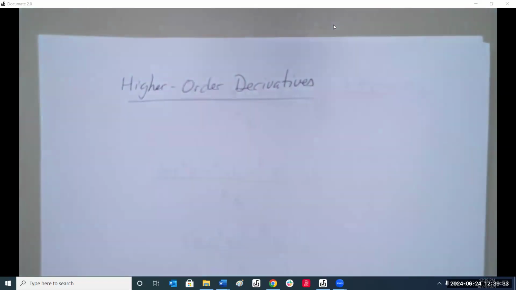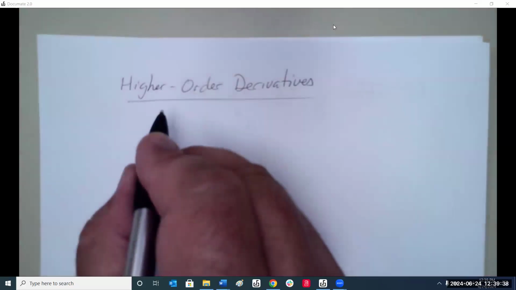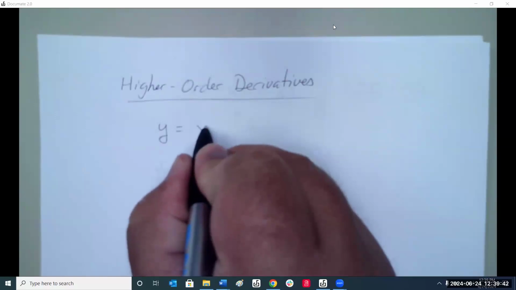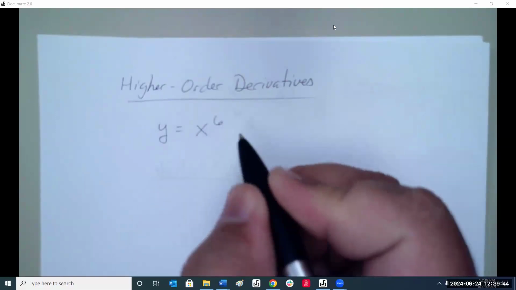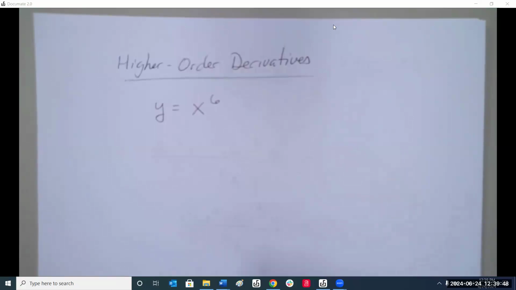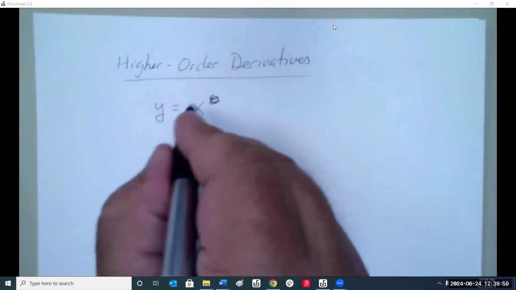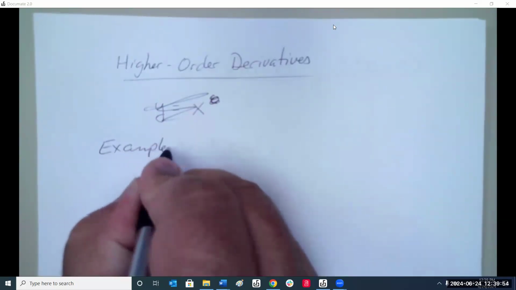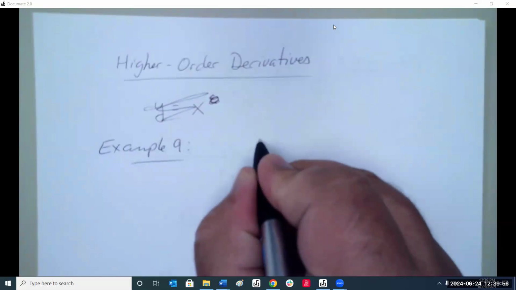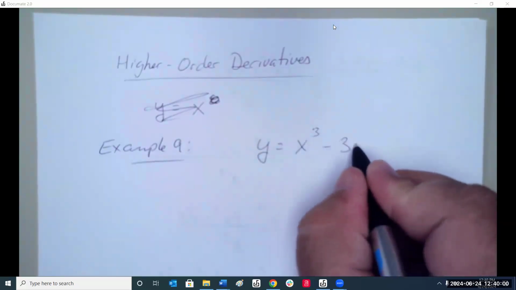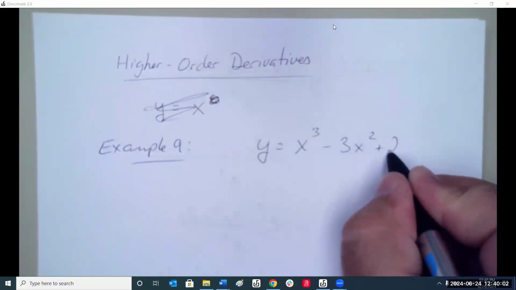Higher order derivatives. So far, all we've been doing is taking the first derivative. Let me do y is equal to x cubed minus 3x squared plus 2.